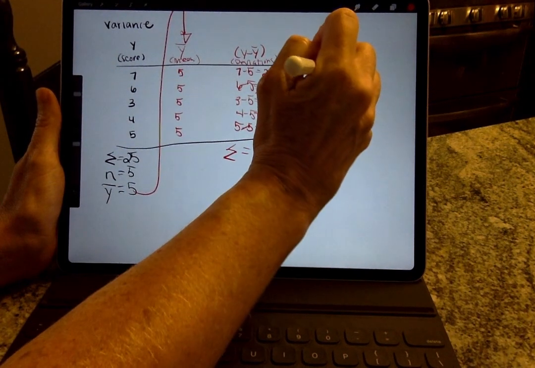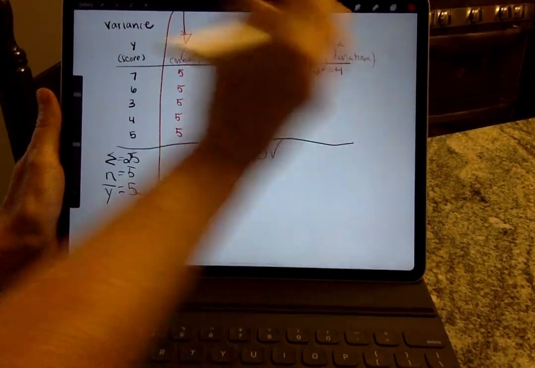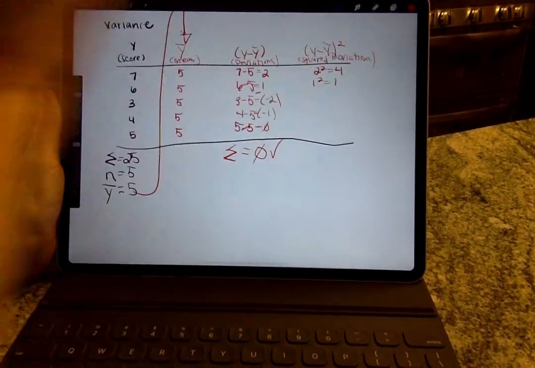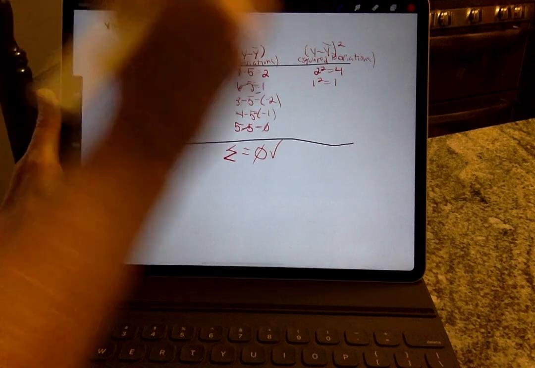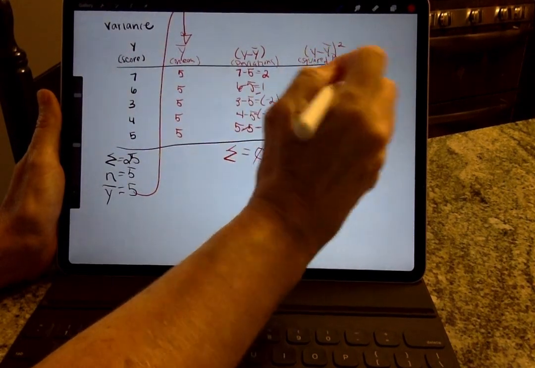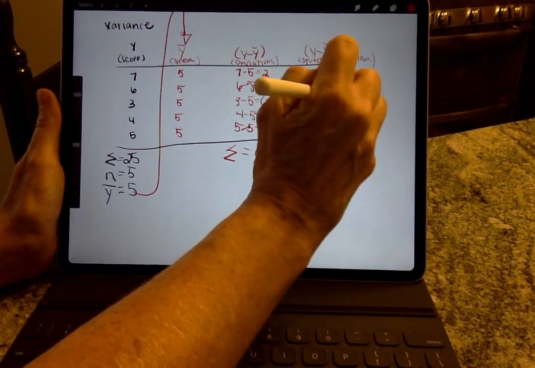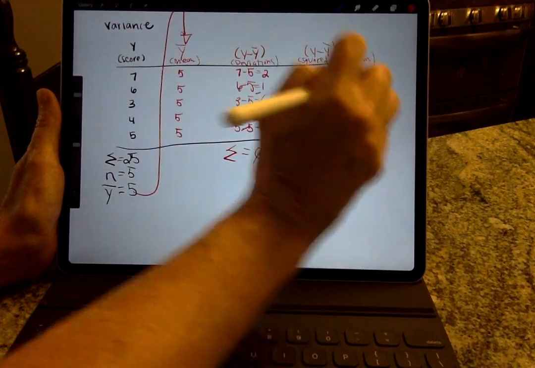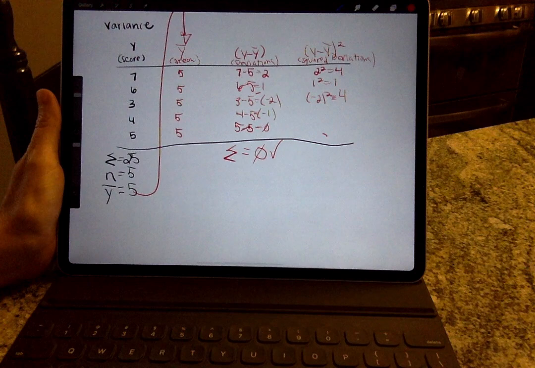So 2 squared is 4. 1 squared is 1. Anybody know what negative 2 squared is? It is positive 4. Remember, any number squared is a positive number.